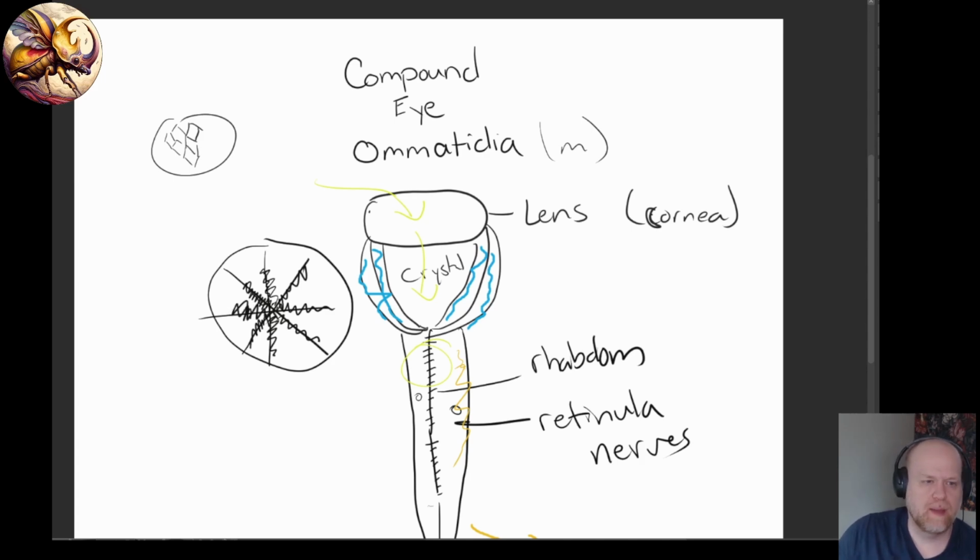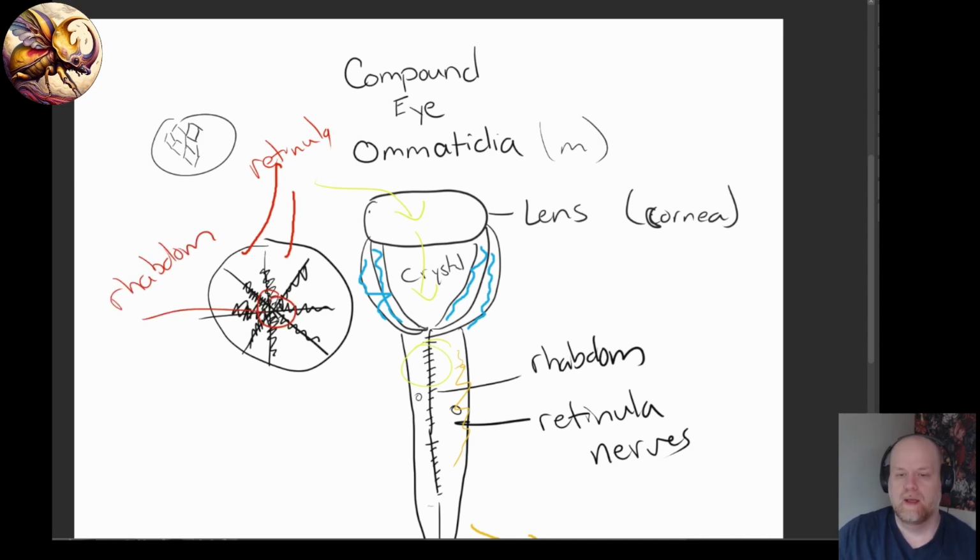You have that central rhabdome, and then each of these is a retinula. So these are the retinula, and this central portion is the rhabdome. So that's the basic structure of the eye.